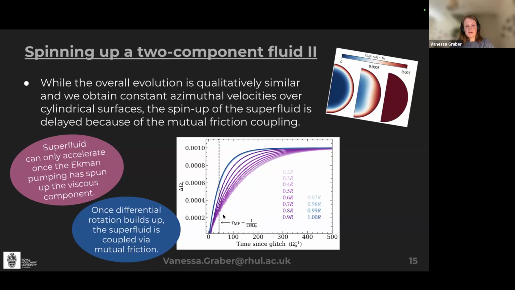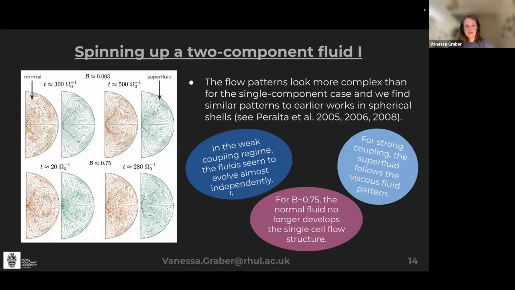So you can see here on the right hand side, this is the same plot again as earlier. The blue are the spin up curves for the boundary layer. But the further we go in, the more difficult it is for the fluid to respond on the mutual friction timescale. So there's just a delay. And the little wiggles that you can see here are essentially due to the little flow patterns that you see here at smaller radii close to the origin.